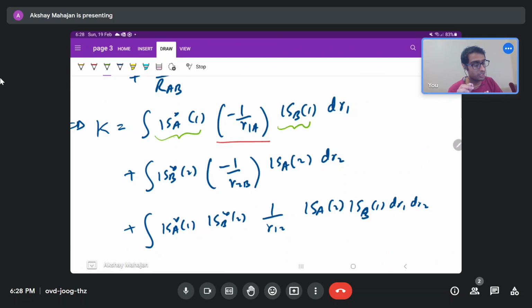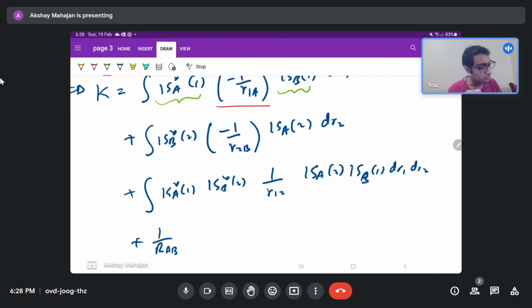Electron 1 here is in atom A, while it is in a different wave function on the other side. So there is some kind of exchange of electron happening, and similarly in this one as well. If you compare these two green ones, there is a 1SA star, so an exchange is happening. Electron 1 is in A here, and in B here. So this comes under an exchange integral. We can't explain it as a Coulomb integral.